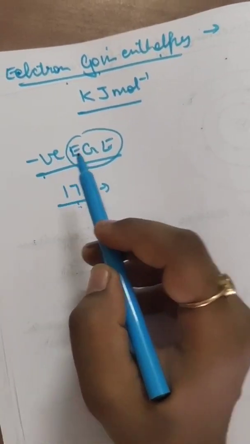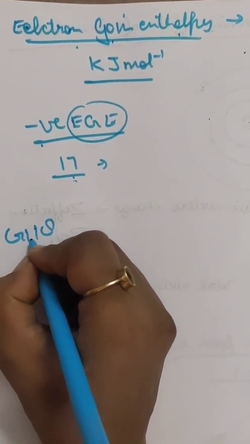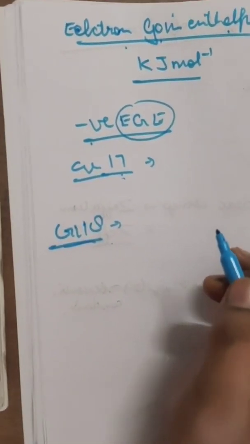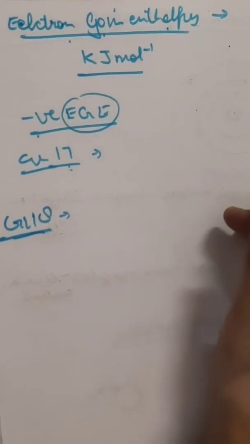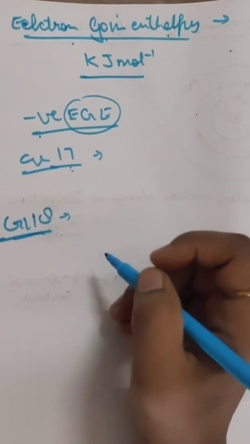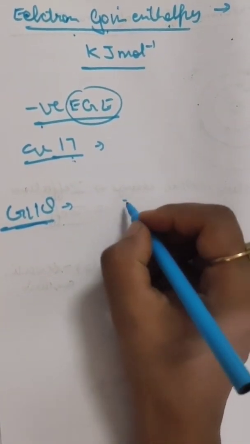Okay, on the other hand, the noble gases, group number 18. They don't need any electron because they already have their valence shell full, so they have no tendency to accept an electron. When we ask them to take one electron, they will have to enter the next higher principal quantum number. For example, this is helium.